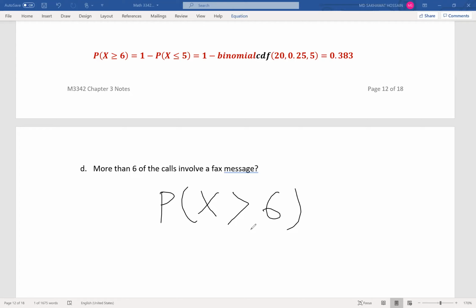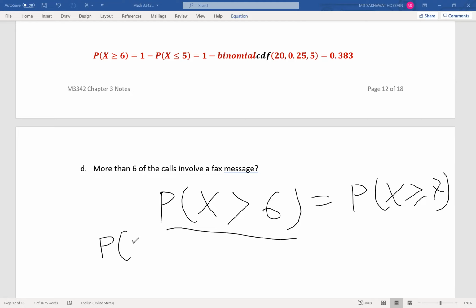Or you can also write this one as probability of x greater than or equal to 7. They are the same. This means also 7 to 20, and x greater than 6 also means 7 to 20. So they are the same. So what is the complement of this one?